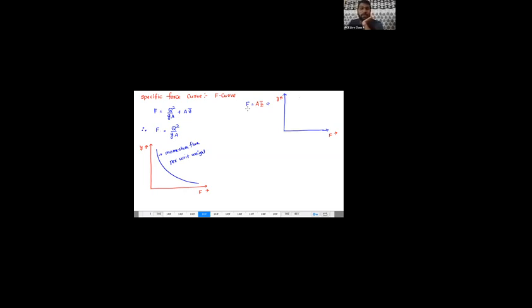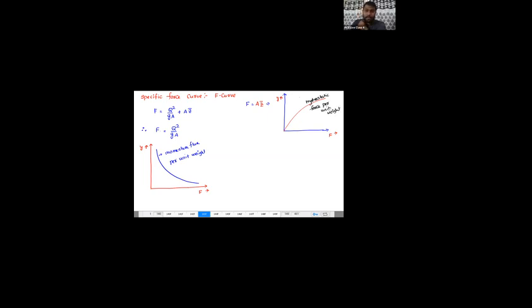The graph rises like this. And this is nothing but the hydrostatic force per unit weight variation.